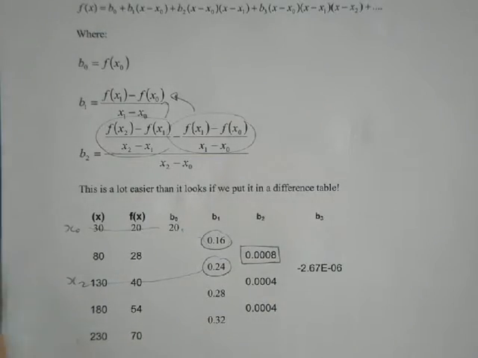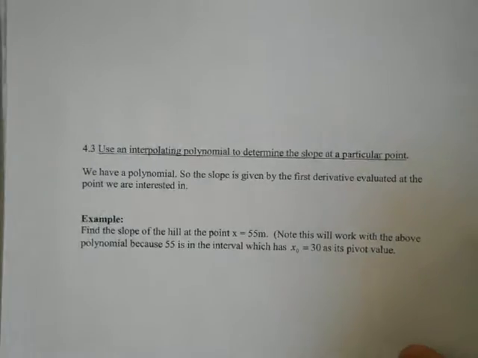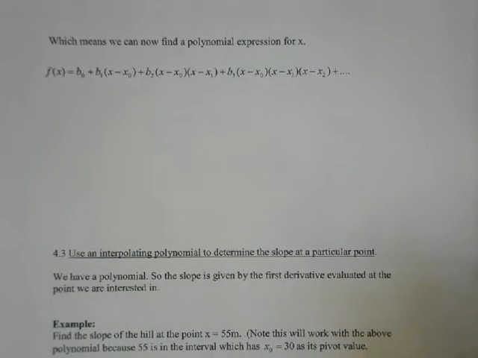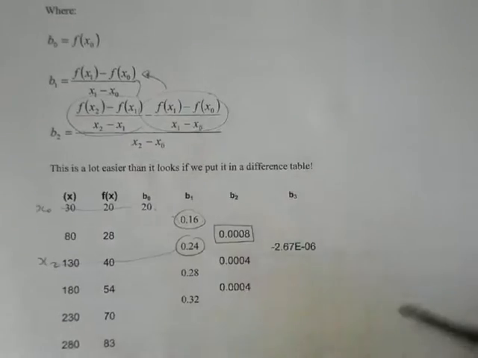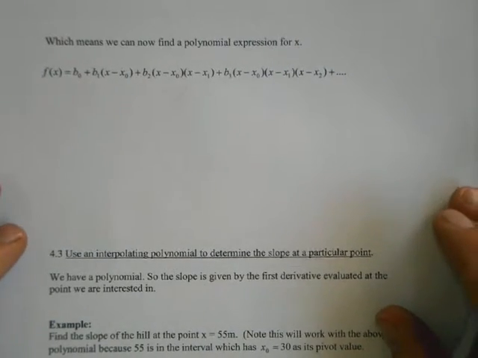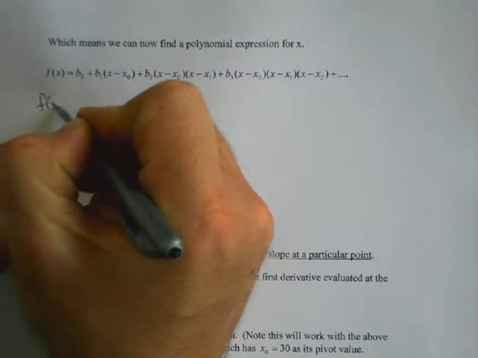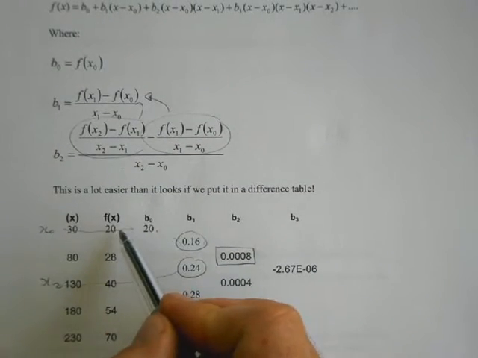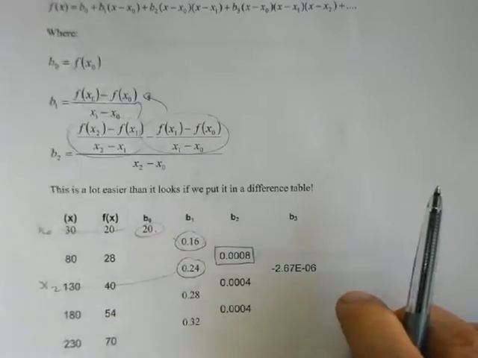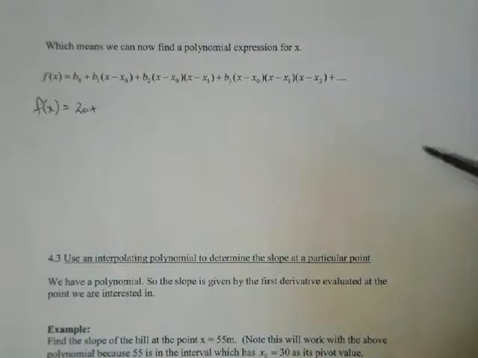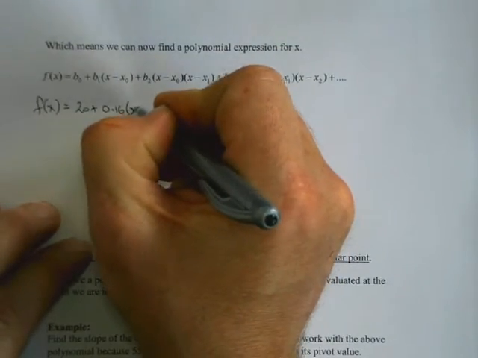So here's the function, and here's the generic formula, and we're going to be using this difference table here to work out what's going on. So this is going to give us a generic value for the function, so it's going to be f of x equals. b0 is the 20, the number which is associated with the first thing, so that's the 20, plus b1, which is the 0.16, times (x minus x0).